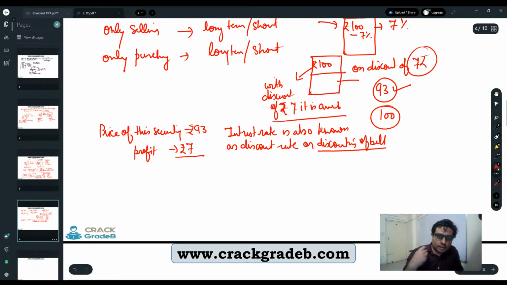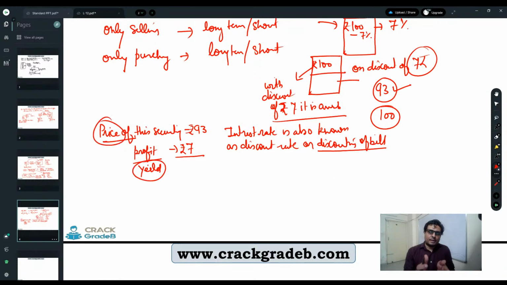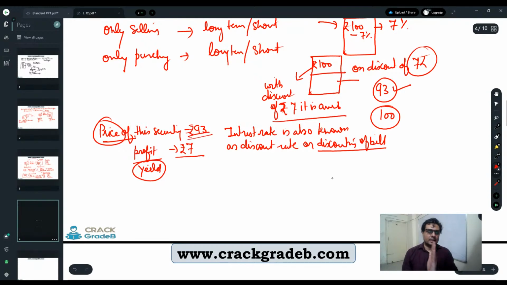So in market terms, we call it yield, and this is price. Price and yield. What is price? At what price RBI is selling means what discount RBI is offering, right? RBI is offering the discount of 7%, that is 7 rupees for this 100 rupees security. So the price of RBI's security is 93. It's a little bit complicated, my dear.